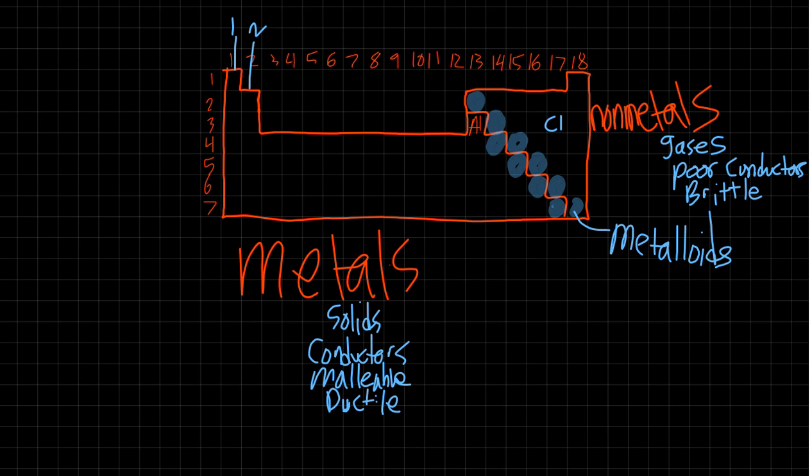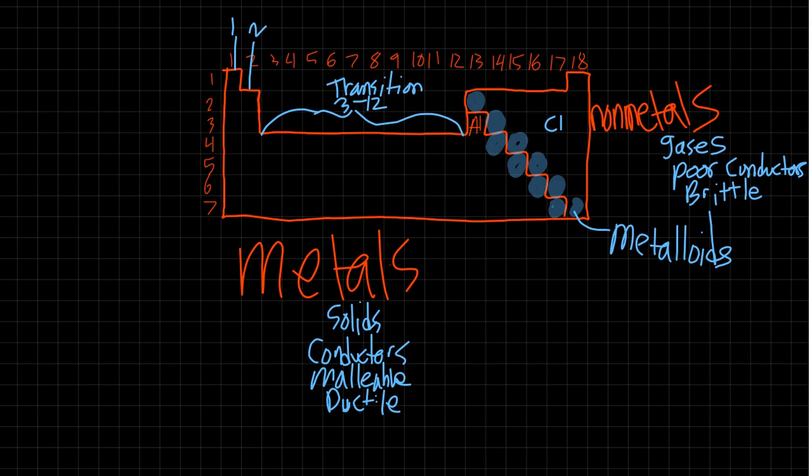Now groups 3 through 12, these are the transition metals, and we're not going to worry about those in terms of valence electrons. You'll learn about those in high school chemistry, but they can have more than 1 valence number.